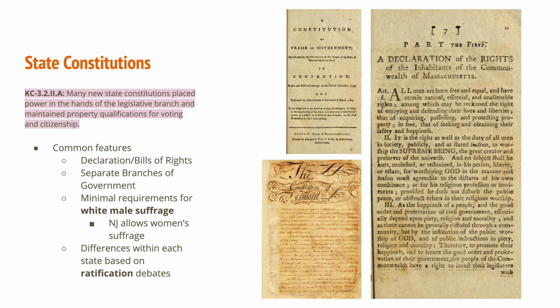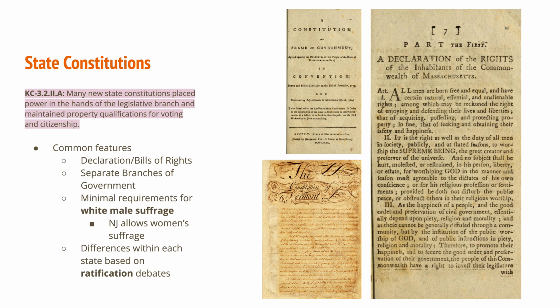So they're trying to set up a limited government. They had separate branches of government with a legislative branch, an executive branch, and judicial branch. And they also expanded suffrage for white males. So they reduced the amount of property necessary for white males to be eligible to vote.